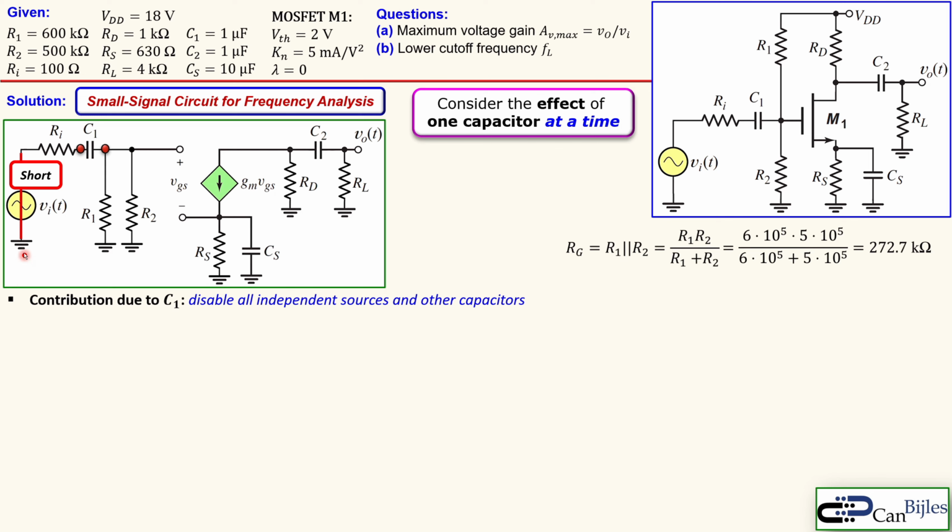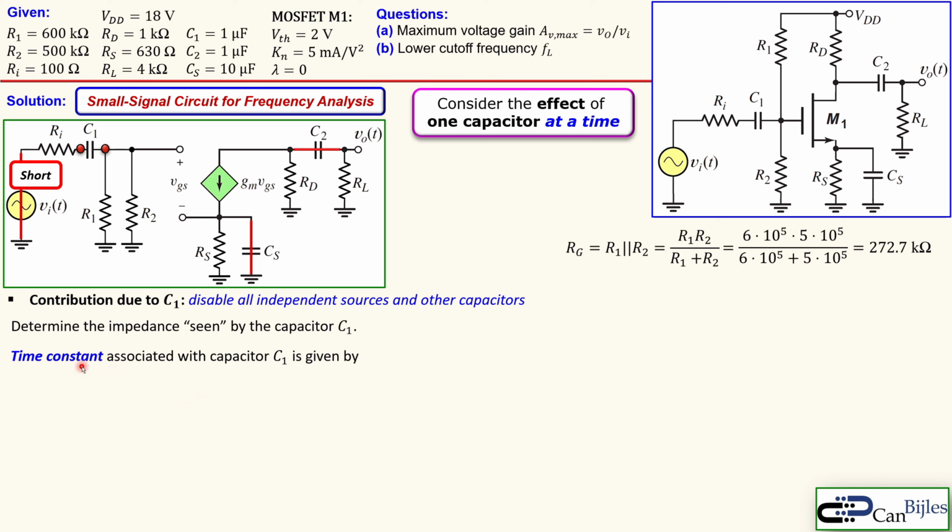This is just a wire now. CS is a wire and C2 is also a wire. Okay. So we consider C1 as sort of a voltage source, and we assume that is the only active component in the circuit. So we will determine now the impedance seen between the nodes of this capacitor, C1.